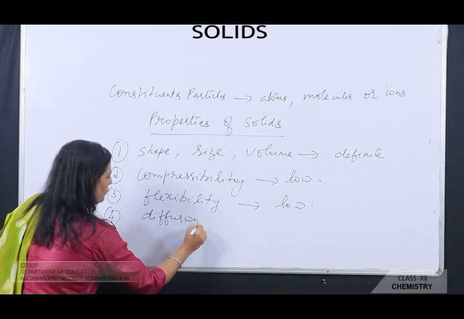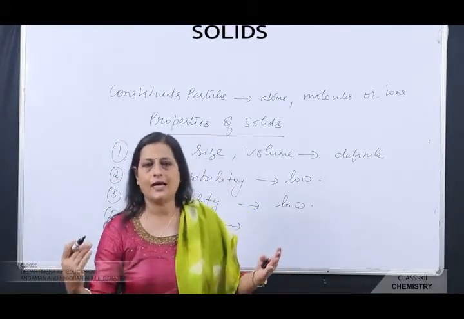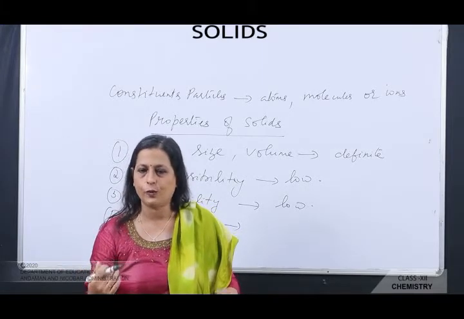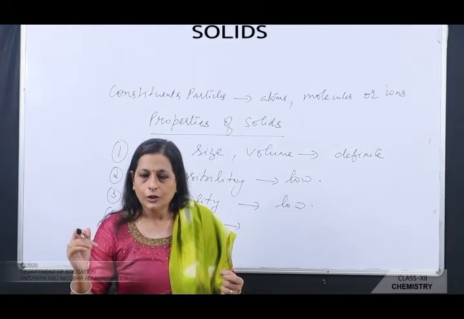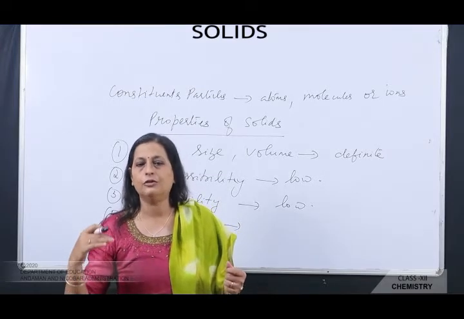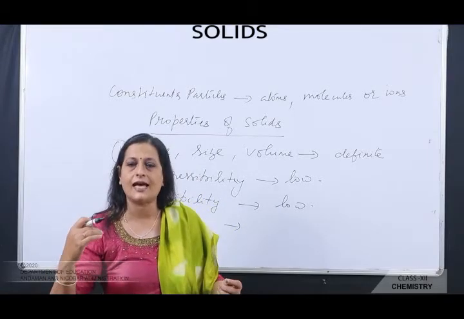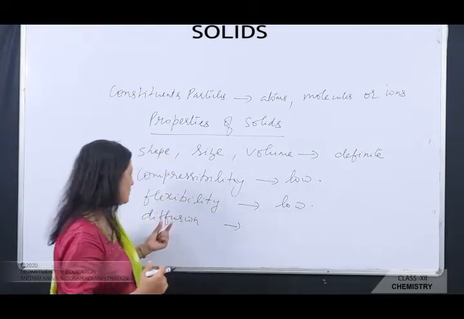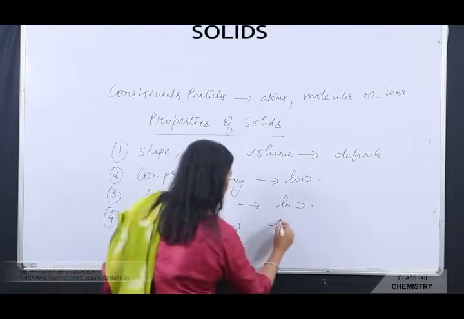Now we know when you spray perfume, the entire room has got the fragrance of the perfume. Why? The molecules in gases are free to move. That is the reason why, when you use a perfume, the fragrance is there in the entire room. That means gases can diffuse. That is not possible in case of solids. Solids cannot diffuse. So diffusion is also low.